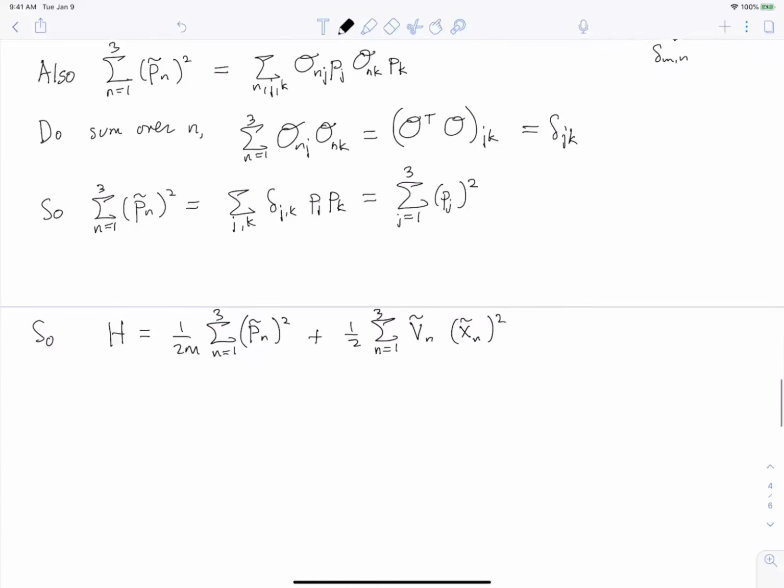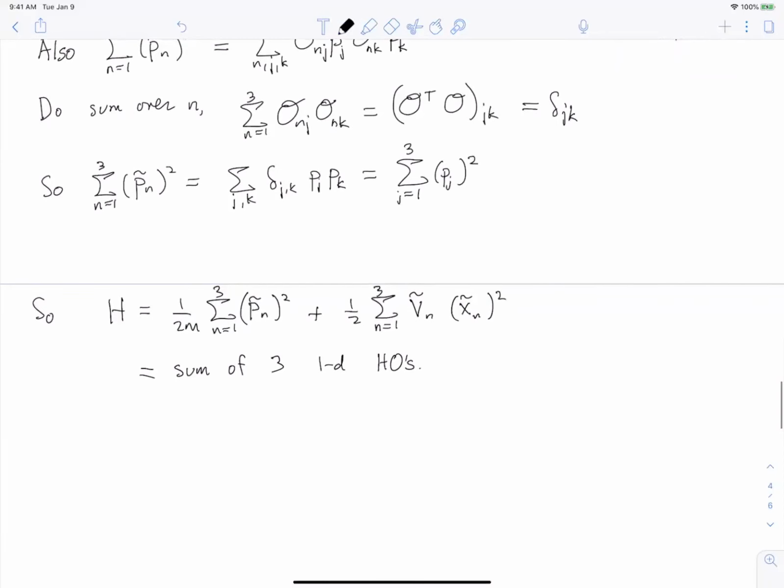Okay, and that is the sum of 3 one-dimensional harmonic oscillators. So if we can solve the one-dimensional harmonic oscillator, we can solve for a three-dimensional harmonic oscillator. And not only that, but we can solve for a general potential that's close to a harmonic oscillator in shape. Now, because these are all different numbers in general, there's no guarantee that they're the same number. They're going to be 3 different natural frequencies, one for each of the different harmonic oscillators.